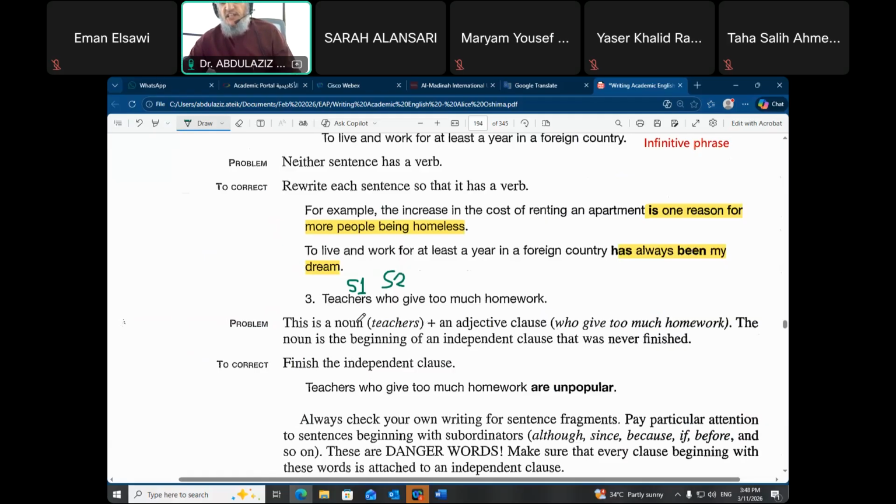If you translate into Arabic, you will understand. Even in Arabic, you feel the meaning is not complete. The teachers who give... it's incomplete, the predicate is missing, because it doesn't specify what. Exactly. What happened to these teachers? Same thing in English. If you tell me the teachers who give too much homework, I'll tell you, what about them?